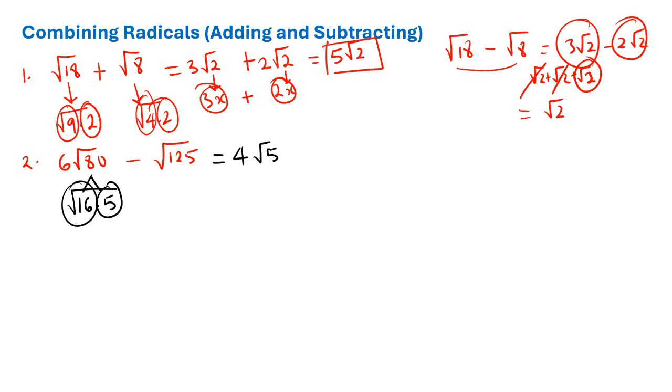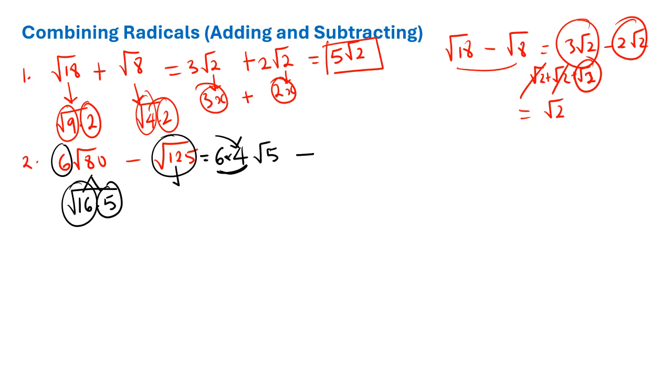But then again, I still have the positive 6 here that I'll have to multiply to the 4, right? So what I'm going to do here is squeeze in the 6. That's 6 times 4, right? Let's put times that, and I'm going to subtract. I'm looking at the square root of 125.